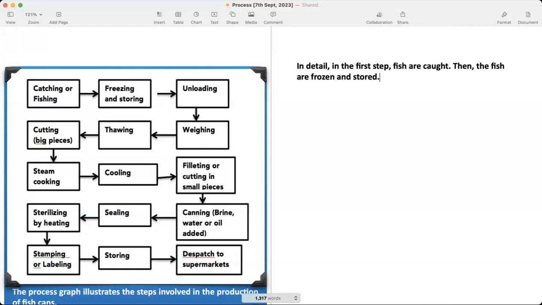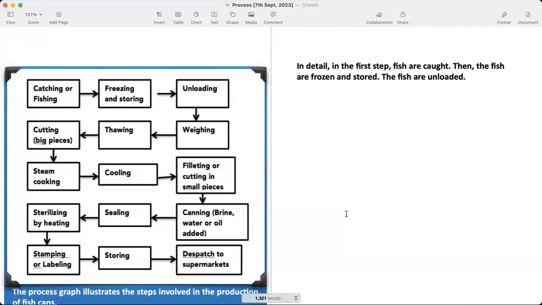Let's do one more sentence with me. What's happening in the next step? What's the verb? Unloading. What is being unloaded? The fish are unloaded. Very good. Now you made it correct. Now you just add a connector before the sentence. Any connector.